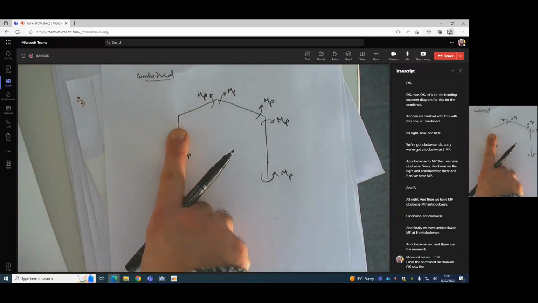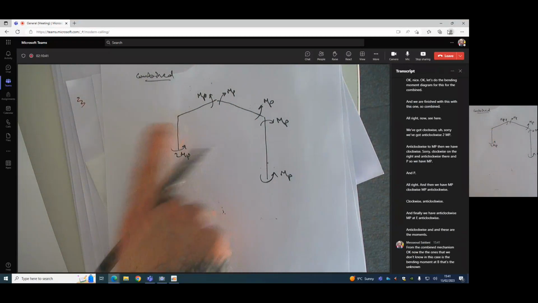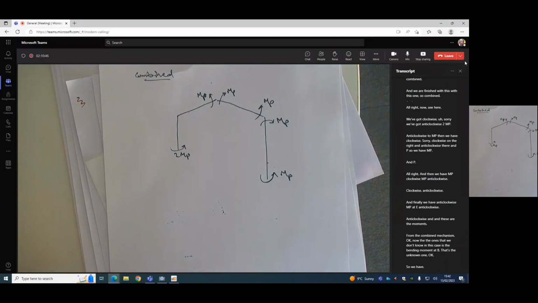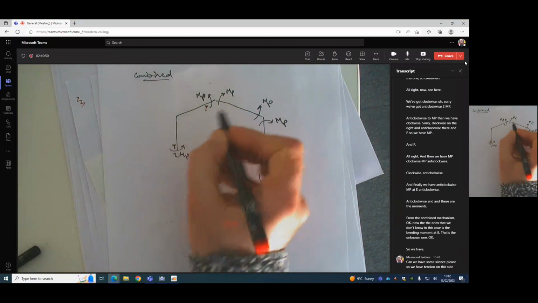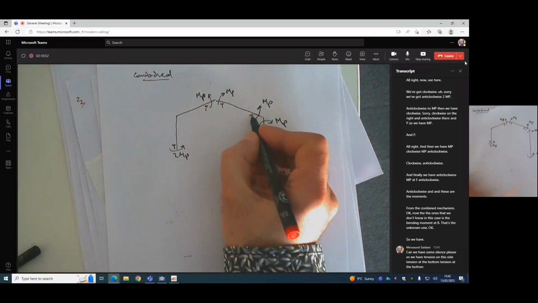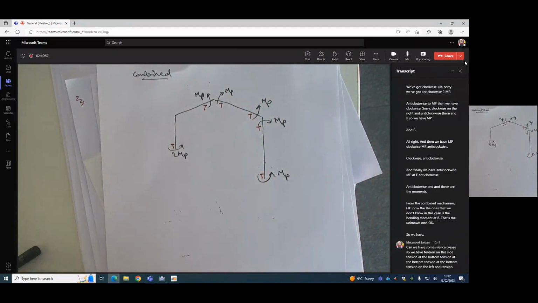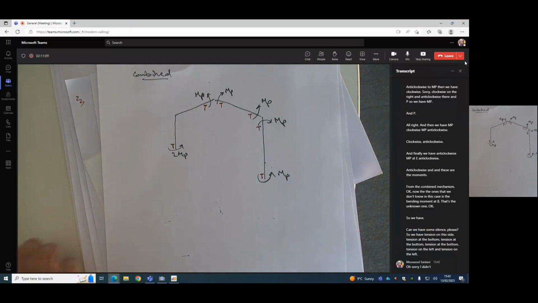Now, the one that we don't know in this case is the bending moment at B. That's the unknown one, okay? Can we have some silence, please? So we have tension at the bottom, and tension on the left. Oh, sorry, I made a mistake.